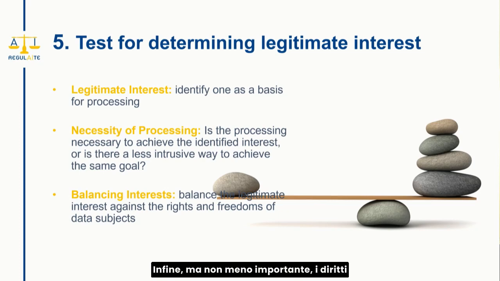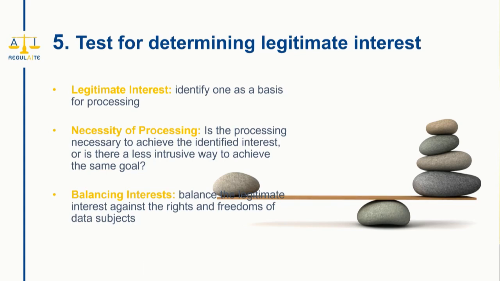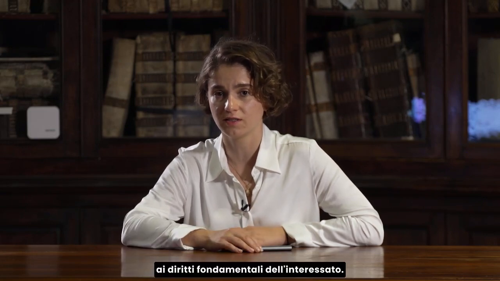And last but not least, the rights of the data subjects should be balanced. The controller should see if the data subjects' rights are impacted. The controller should limit the risks of harm to the fundamental rights of the data subjects.